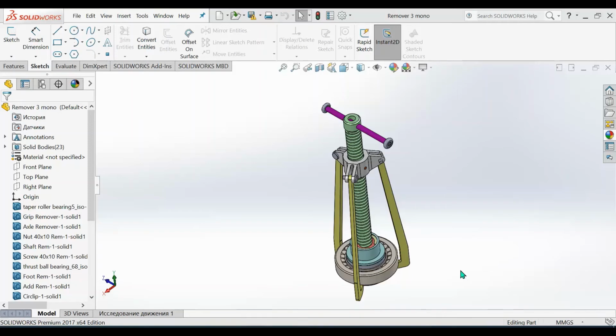Another mechanism which uses a screw-nut pair is a bearing remover, sometimes named a puller. It operates like this.